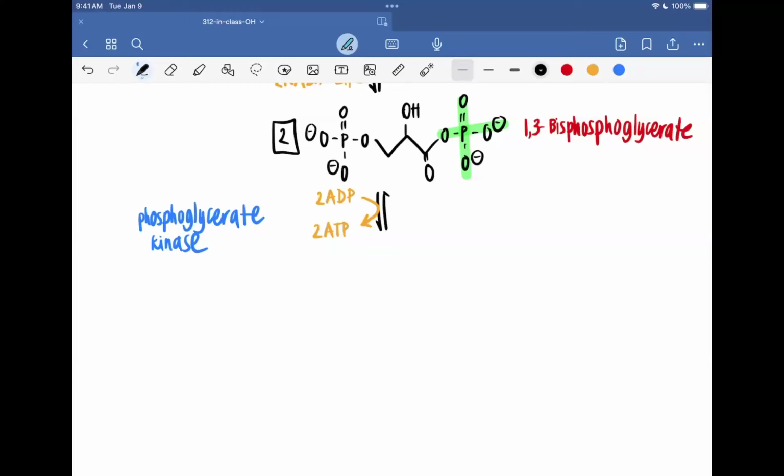So for the sake of consistency, let's also highlight that the kinase is what we're using as our clue to know that we have phosphoryl groups moving around. So we have two of our three phosphoglycerate molecules that are going to form.